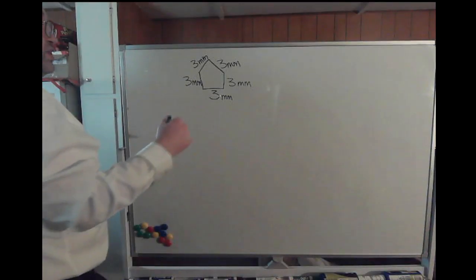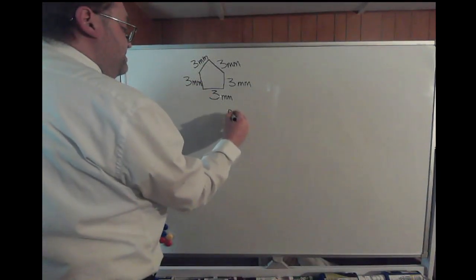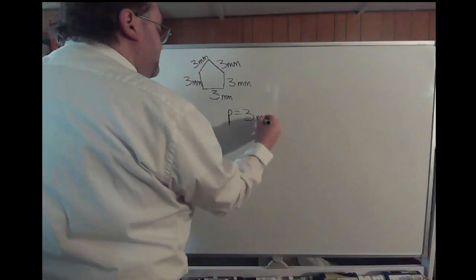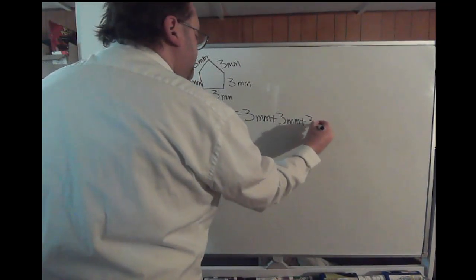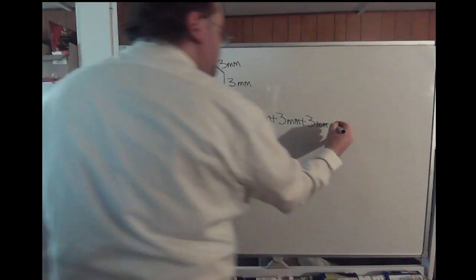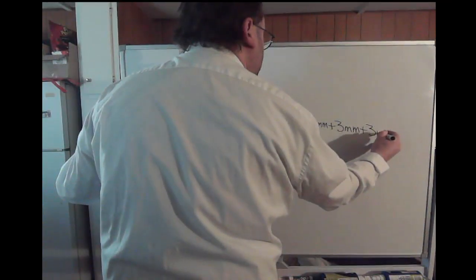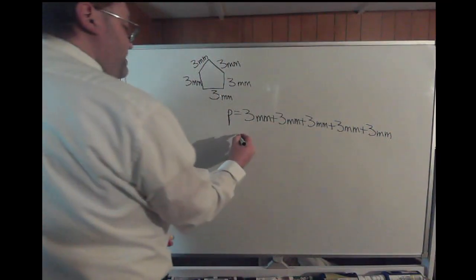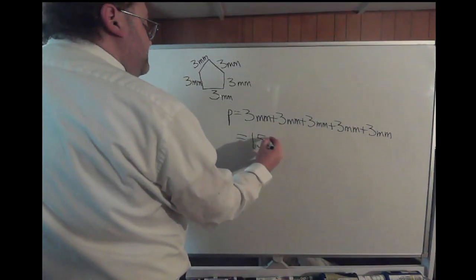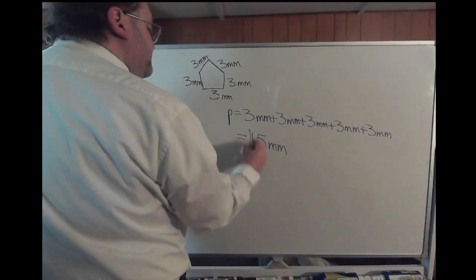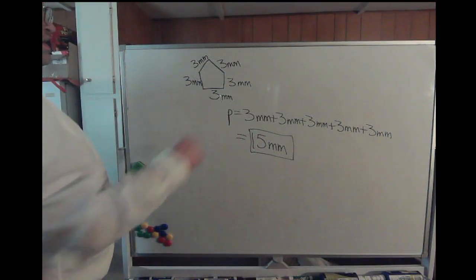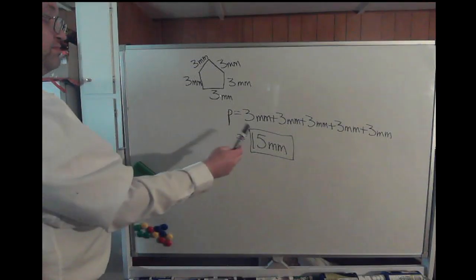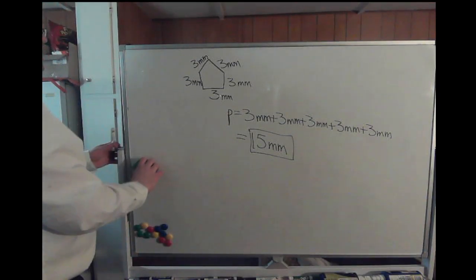So, of course, you're just going to add up all 5 sides to get the perimeter. You'll have 3 millimeters plus 3 millimeters plus 3 millimeters plus 3 millimeters plus 3 millimeters. Well, we know if we add 3 together 5 times, that'll give you 15 millimeters. So the perimeter of this pentagon would be 15 millimeters. Pentagon being a 5-sided figure. You just add up each side together and you'll get a perimeter of 15 millimeters.